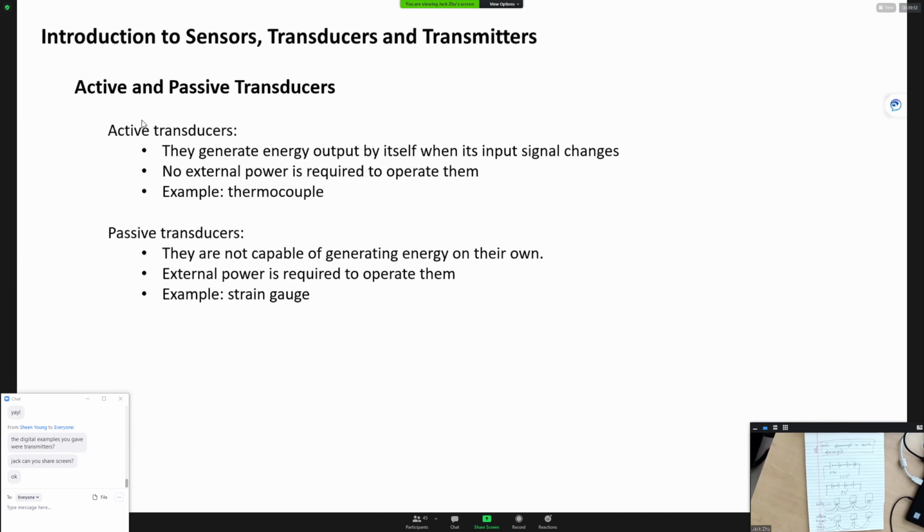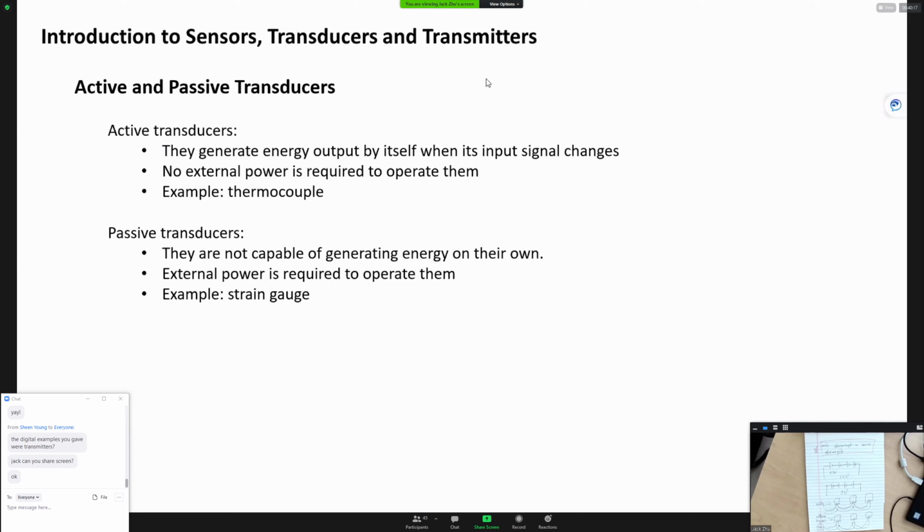For the active transducer and the passive transducer, the difference is whether the device or transducer is going to generate energy. When we're talking about generating energy, they can generate either a voltage or current. The thermocouple can generate a small voltage.